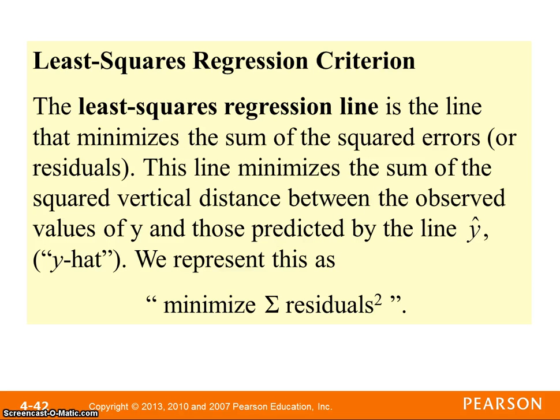So basically you want to minimize the residuals squared, and you don't have to worry about that, but we'll use y with a little caret over it, which is sometimes pronounced y hat, as the symbol for the regression line.